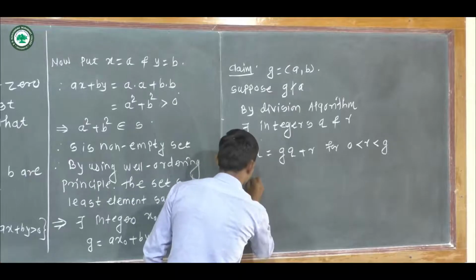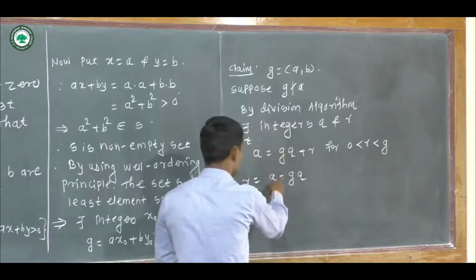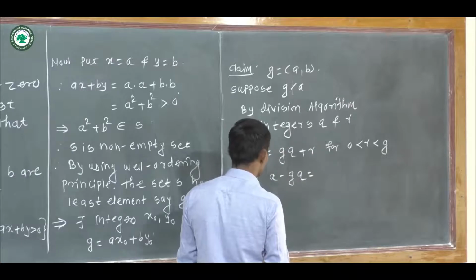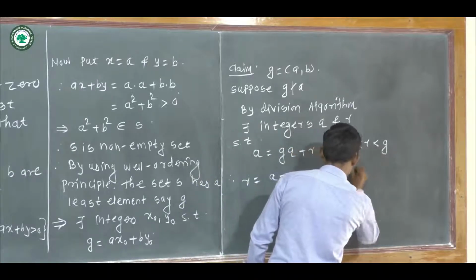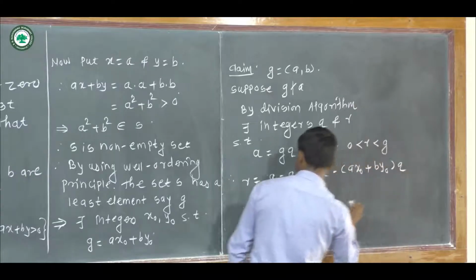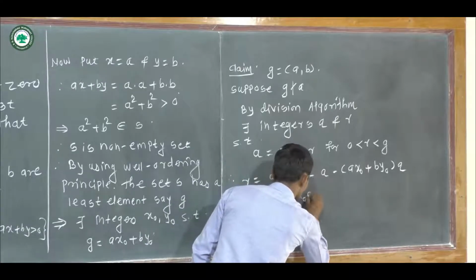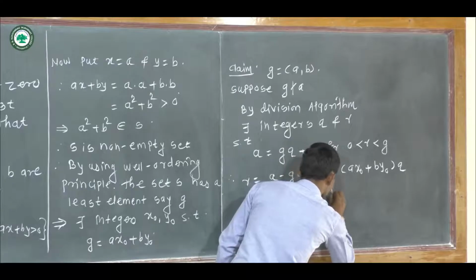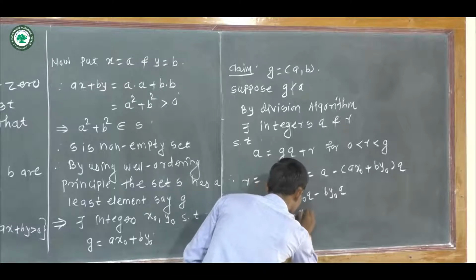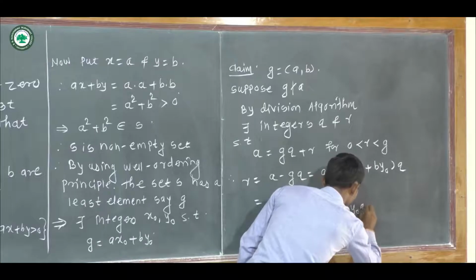Therefore r is equal to a minus g into q. Here we put the value of g. Therefore r is equal to a minus g into q, is equal to a minus (ax0 plus by0) into q, is equal to a minus ax0 into q minus by0 into q, is equal to a into (1 minus x0 into q) plus b into (minus y0 into q).